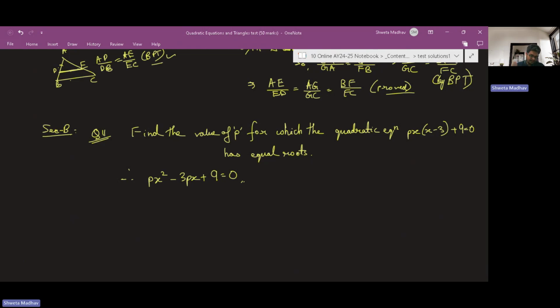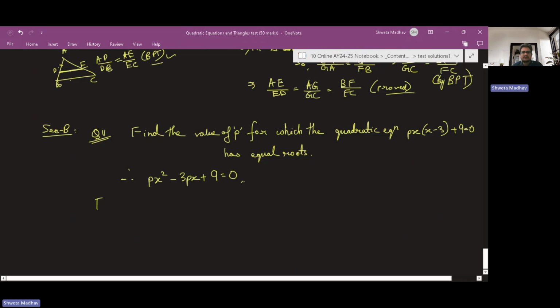px square minus 3px plus 9 equal to 0. So this will have equal roots.